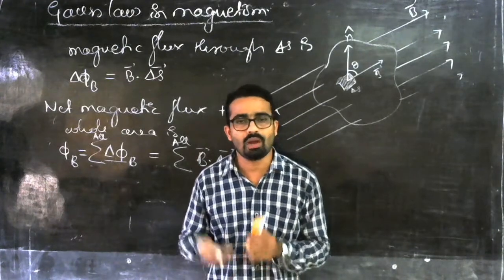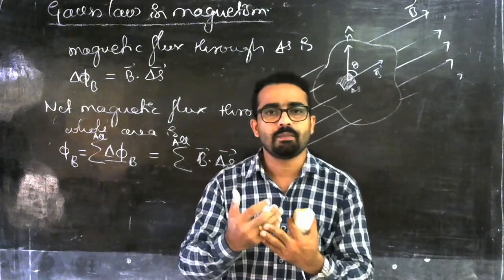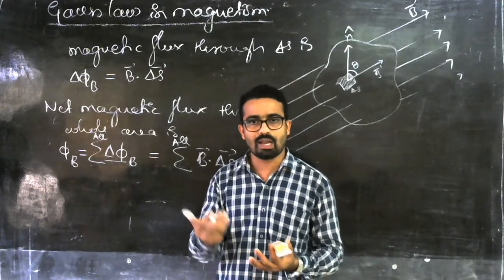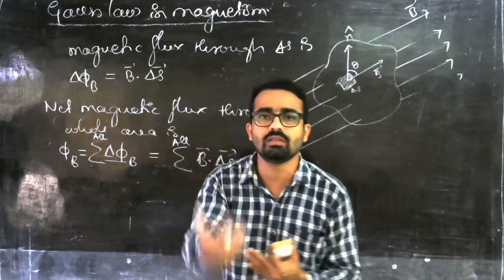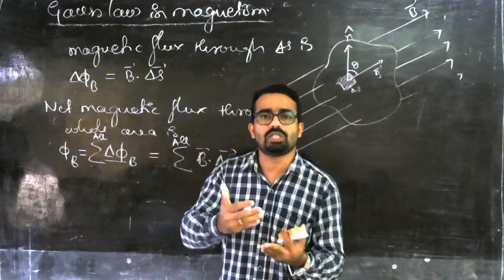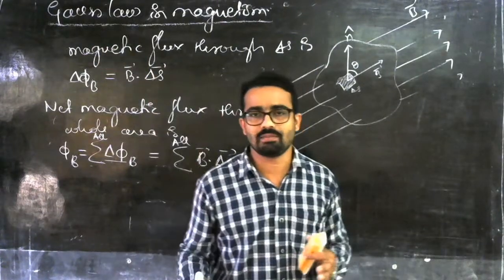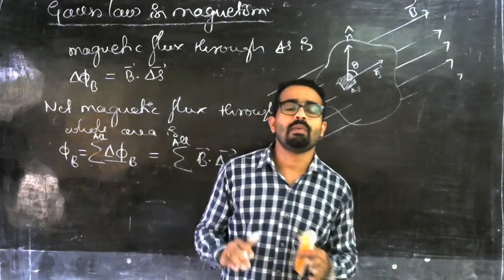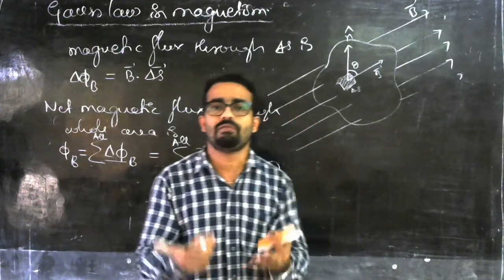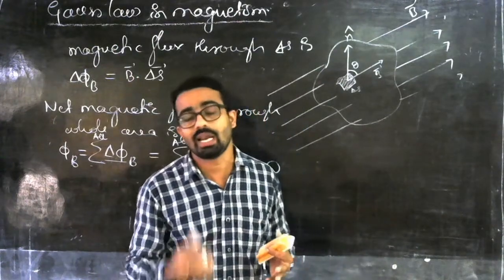What happens is, when an electric field line is entering that surface, it has to end at some point. We know that electric field lines start from one point and end at another point, that is the negative charge. So against the positive charge present in that material, there will be some electric field lines. That is why the number of electric field lines entering that region will not be equal to the number leaving that area. That is why in electrostatics the electric flux was not zero.